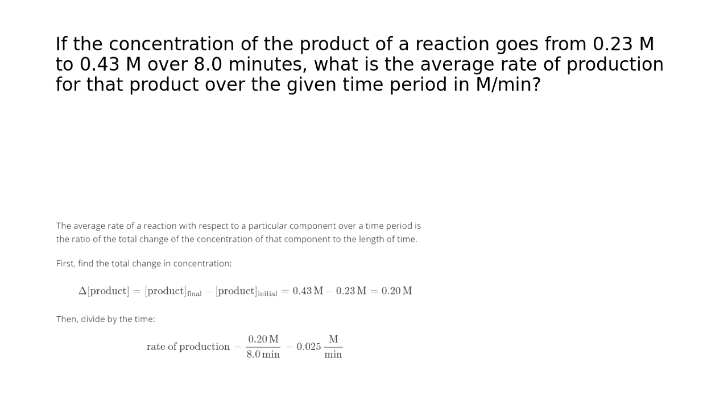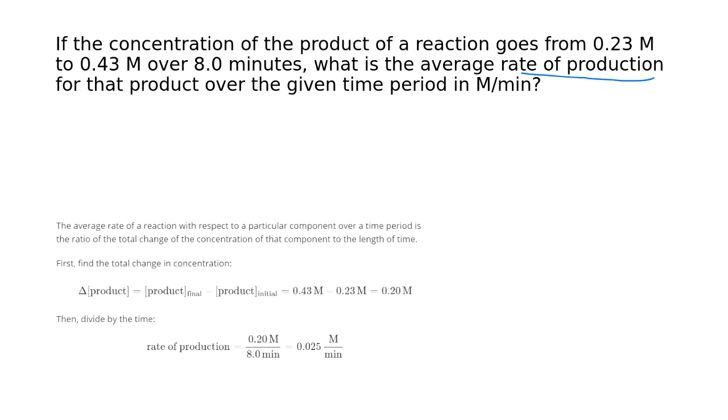Some of the sample questions here are ones you've seen in your assignment for kinetics from Newton. When you are given concentration, or a change in concentration and change in time, it is just asking for the average rate.